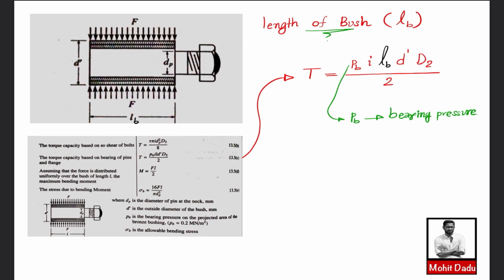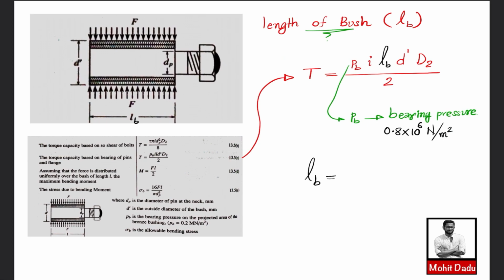In the question itself it is mentioned that the bearing pressure for the bush material is 0.8 megapascal. That means pb is 0.8 megapascal, or substituting in SI units, 0.8 into 10 raised to 6 newtons per meter square. All other parameters we have: i is the number of bolts or pins, D dash is the outer diameter of the bush, and capital D2 is the pitch circle diameter of the pins. From this you can evaluate the length of the bush, lb.